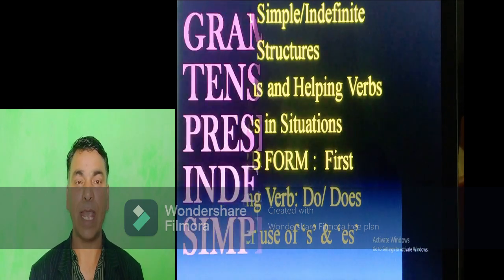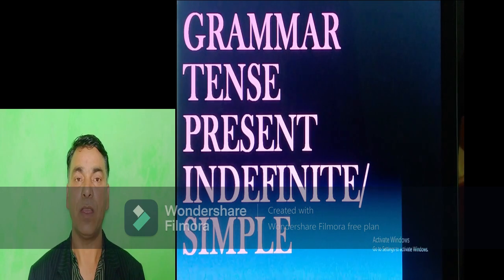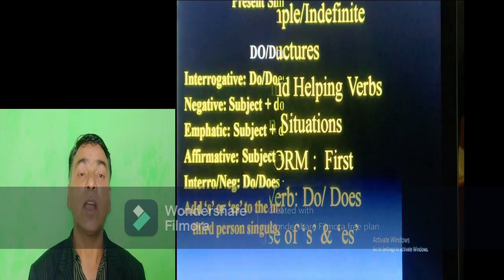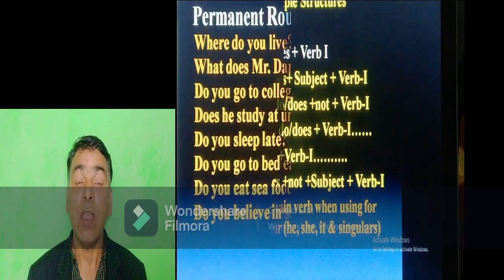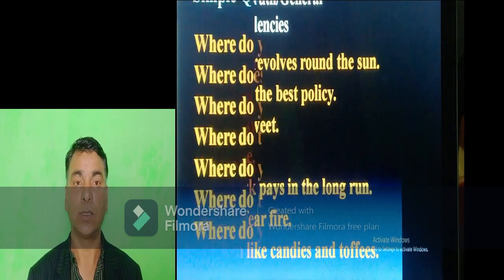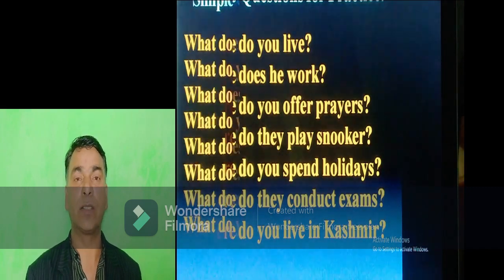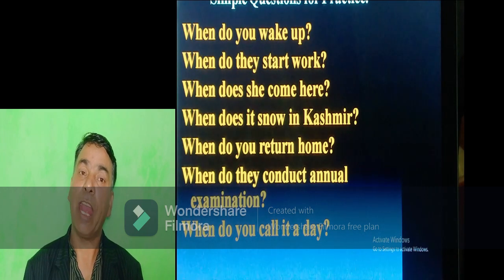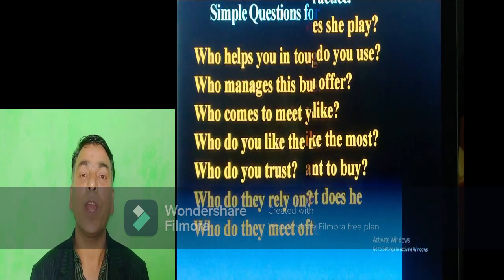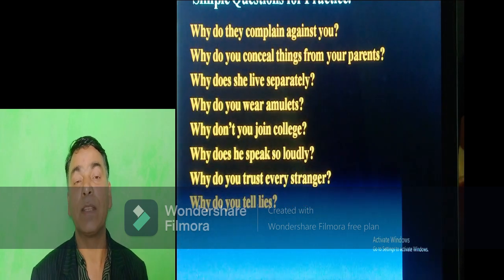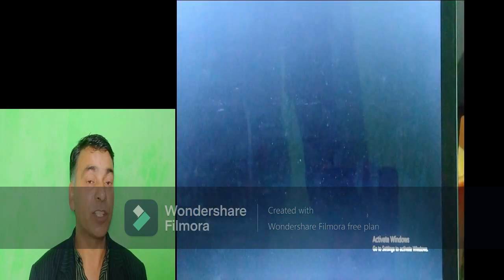For example, I play, but he plays. I go, she goes. I walk, it walks. So what you do is you either add s or you add es when you are using present simple for third person singular. So that's the structural part.